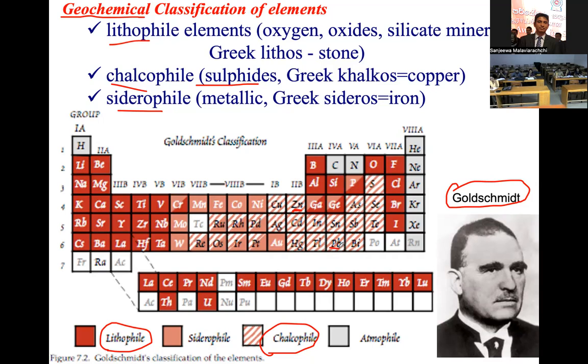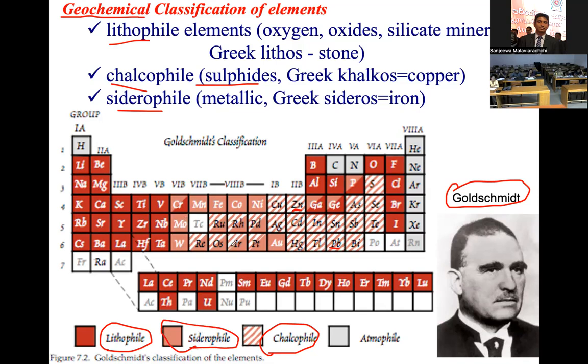Since they are found in the form of sulfide, we call them chalcophile elements because they have an attraction to sulfides. And the other group is siderophile elements. Here you can see this orange color or light pink color.